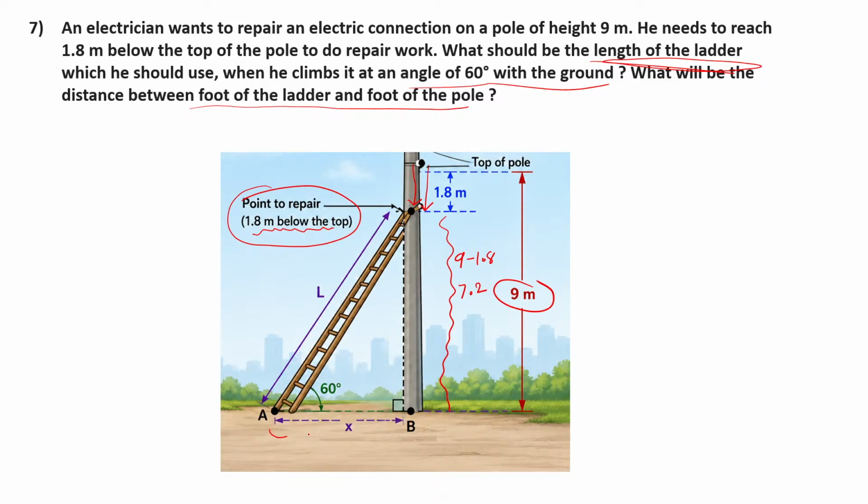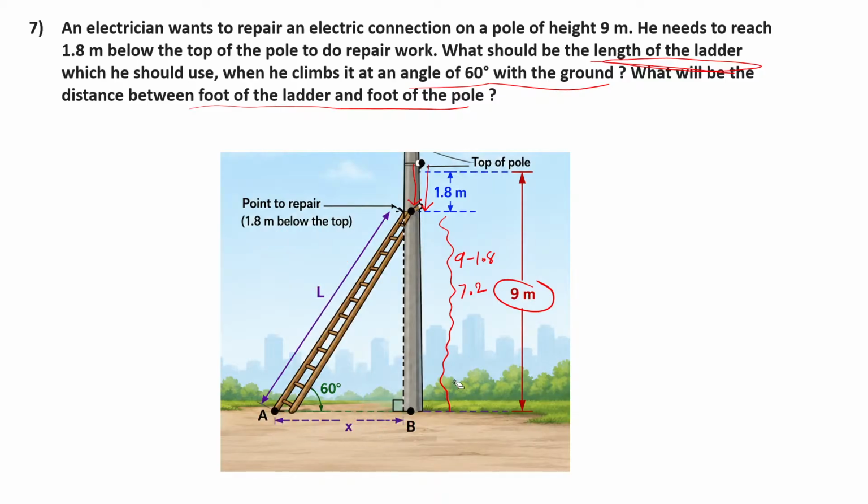Now here the distance between the foot of the pole and the foot of the ladder also we have to find. That is why I mentioned it as x. And we have to find the length of the ladder also. That means the hypotenuse we need to find, and this side also we need to find. Okay, I hope you understood the diagram very clearly.